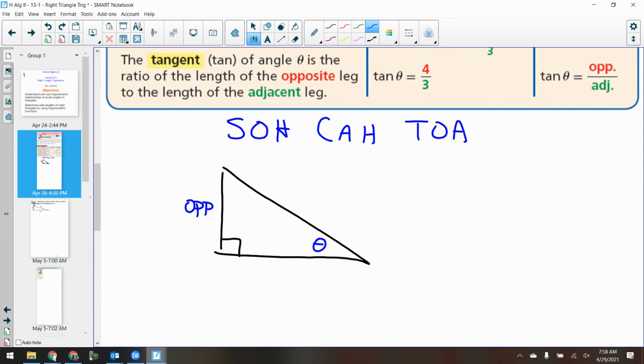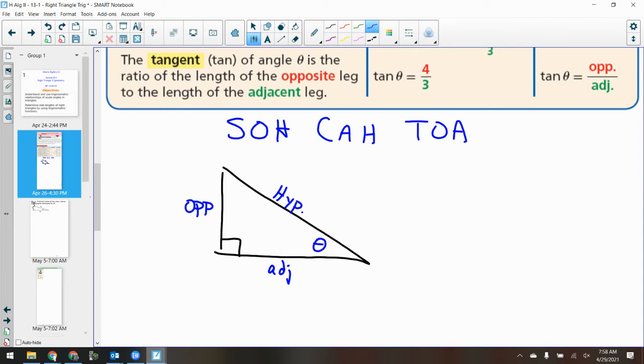This is the adjacent. Remember that the word adjacent just means next to. This is the adjacent side, and the hypotenuse is always the side across from the right angle. So sine is equal to the opposite over hypotenuse, cosine is equal to the adjacent over hypotenuse, and tangent is equal to the opposite over adjacent, always dependent upon my theta.